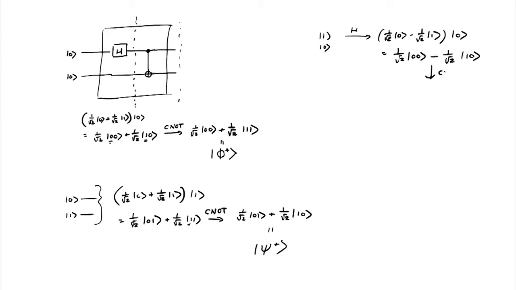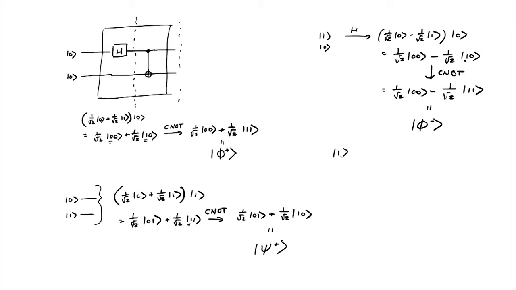And then what the CNOT does to this is it flips that qubit, so you get 1 over square root 2, 0, 0, minus 1 over square root 2, 1, 1. So it looks very much like this Bell state we are used to, except that the phase here is minus. So this state is called phi minus. It's also another kind of Bell state.